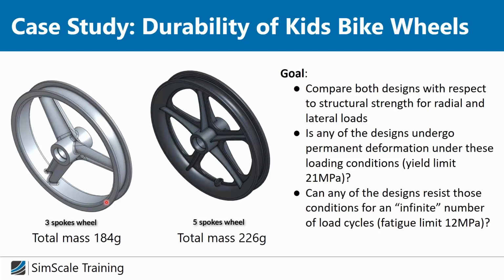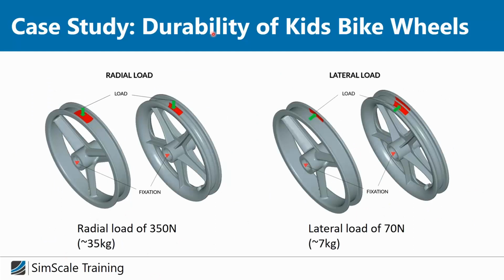Here you see the two designs, a 3-spoke wheel and a 5-spoke wheel. For sure the 3-spoke wheel has a lighter weight and therefore is also cheaper to manufacture. So let's first take a look at the two load cases we investigated. One is the radial load, which is mainly applied by the weight of the bike itself and the interaction with the road, and another is the lateral load, which is basically depending on interactions between the wheel and its environment.